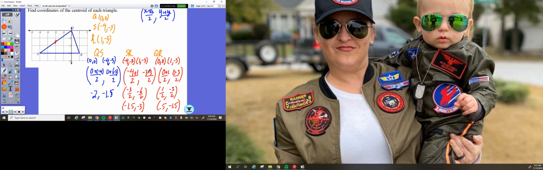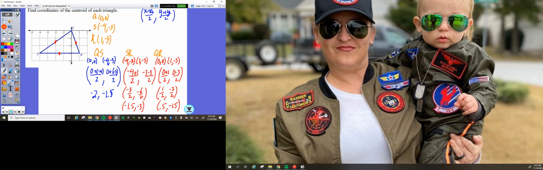All right, so if we did this correctly, the midpoint of SR is -1.5, -3. The midpoint of QR is 0.5 and -1.5.